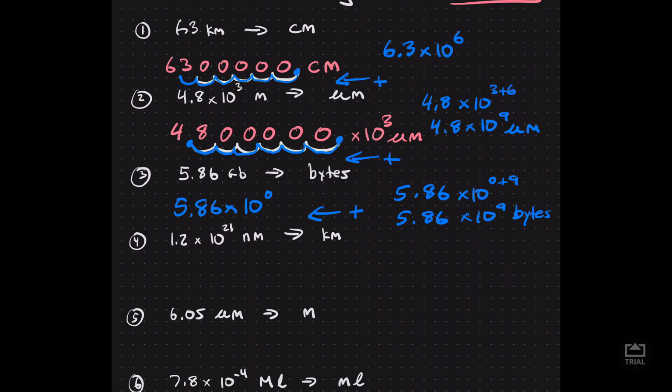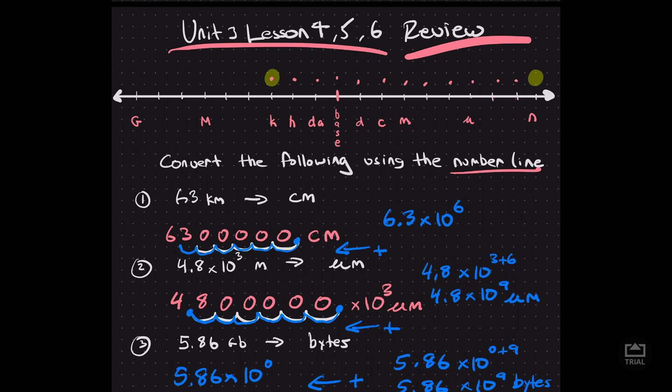So notice all the other ones were moving on the number line to the right, and that caused us to add to the exponent in the scientific notation. And now we're actually moving to the left, and just think about the x-axis, the numbers there, every time we move to the left, they decrease.